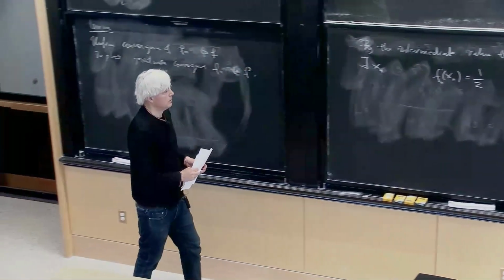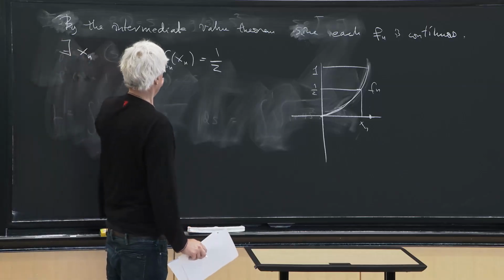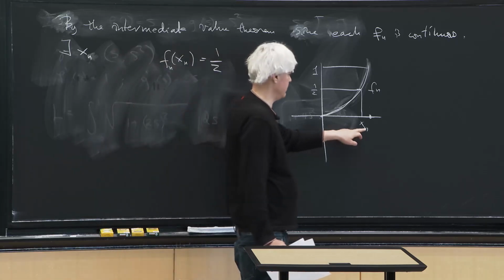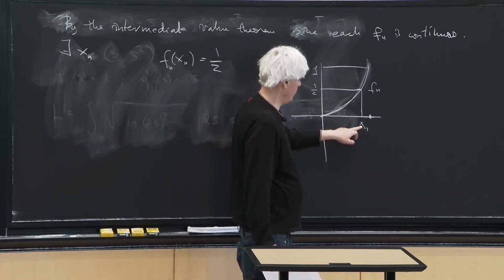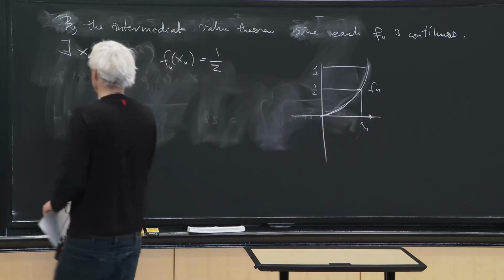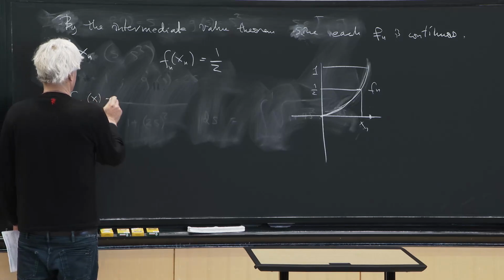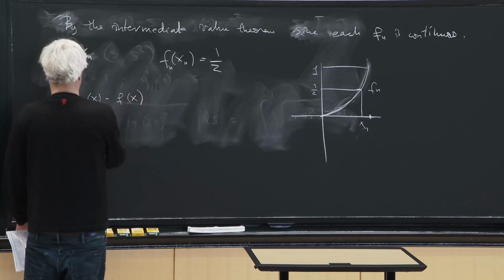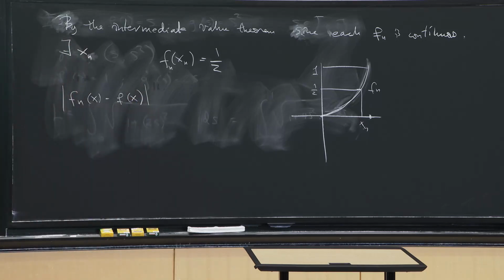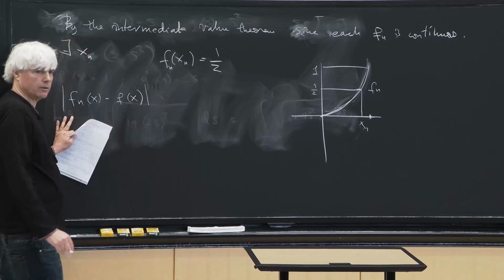So you have that, and again, this xn depends on n. And the thing is that as n gets large, this point will have to move very close to 1. But if you're now looking at the absolute value of fn of x minus f of x, if it was converging uniformly, it would mean that this difference would be smaller than some epsilon for all x.